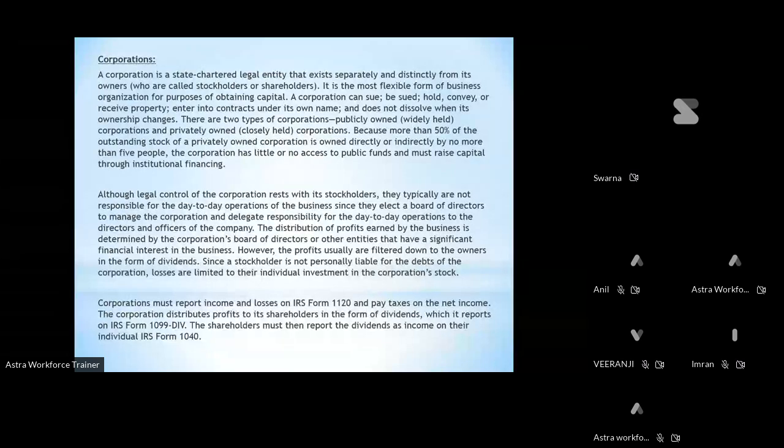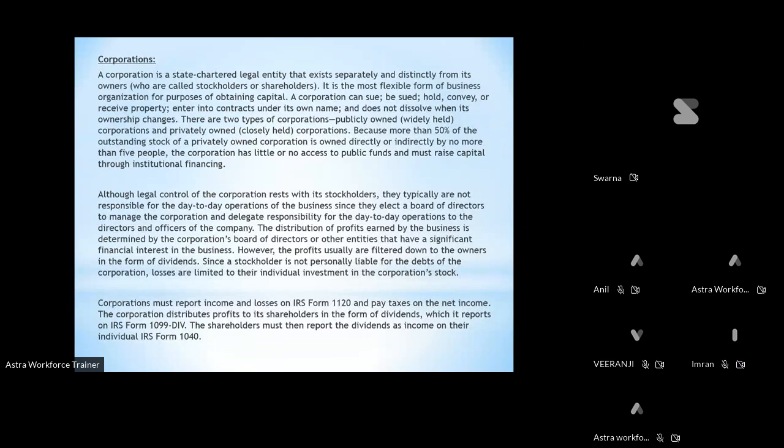Corporations. A corporation is a state chartered legal entity that exists separately and distinctly from its owners, who are called stockholders or shareholders. It is the most flexible form of business organization for purposes of obtaining capital. A corporation can be sued, hold, convey, or receive property, enter into contracts under its own name, and does not dissolve when its ownership changes.